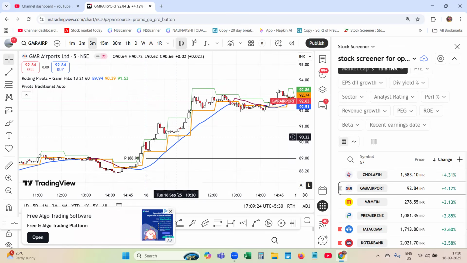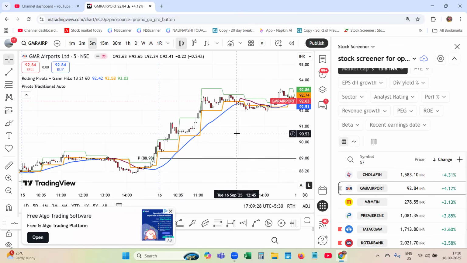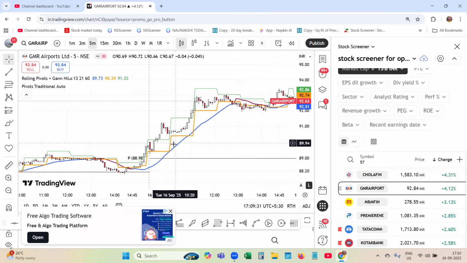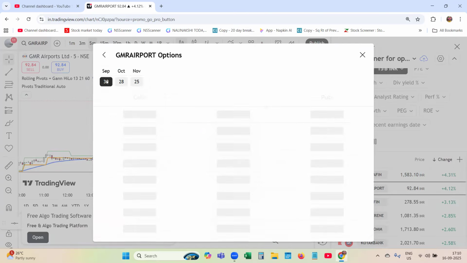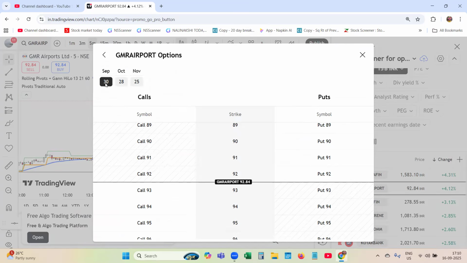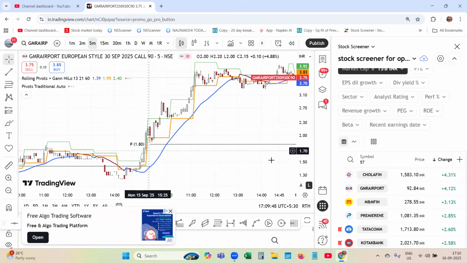And see, so beautifully, it is a staircase type of movement. You can see over here in this Cholamandalam. Even if you would have entered here, GMR Airports, I don't know whether it is in futures. Let me check. Yes, it is in futures. So if you go for the GMR, let us check the 90 call option.